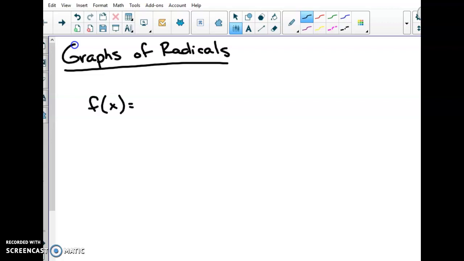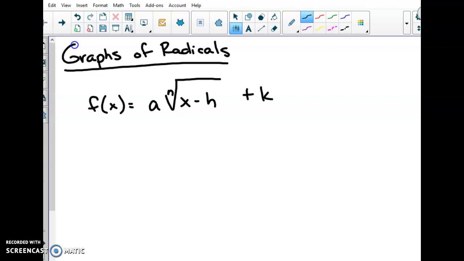So a radical function, remember, is in the form of f of x equals a, some type of root, some number n, x minus h, and then plus k. So notice this is kind of similar to quadratics a little bit, that we're dealing with an a, h, and a k.